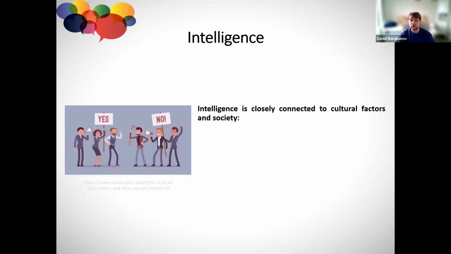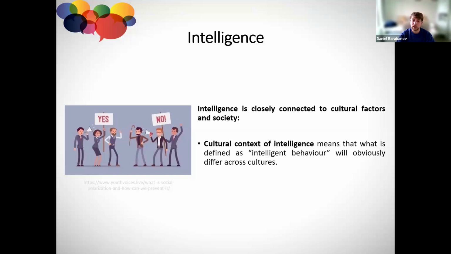Intelligence itself is connected with many things. I found very interesting research on the connection between cultural factors and society. Basically, what is considered intelligent behavior is very different across different cultures and countries. In Western society, usually to be intelligent is to be good at math and verbal abilities. So being able to speak beautifully, to write beautifully, and to work with text.